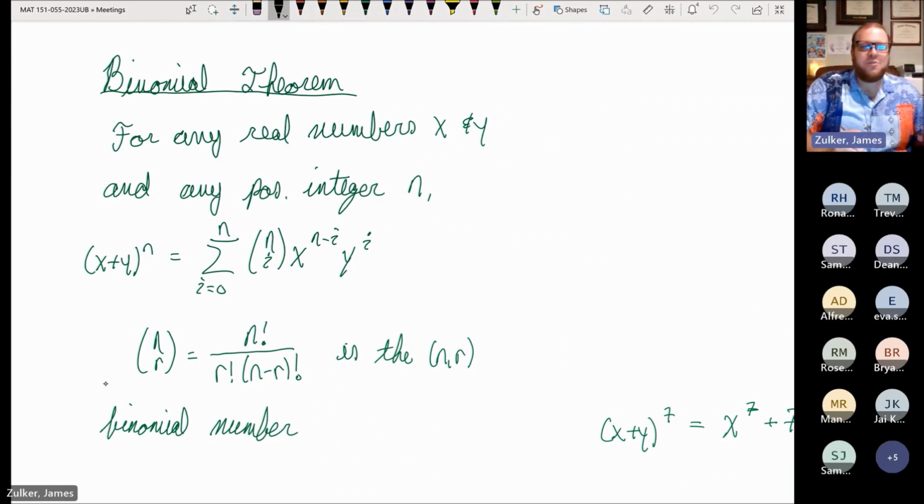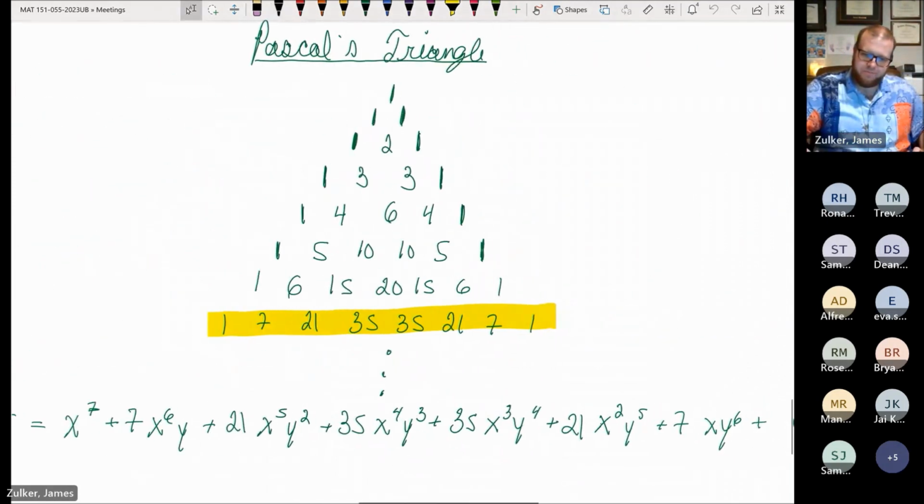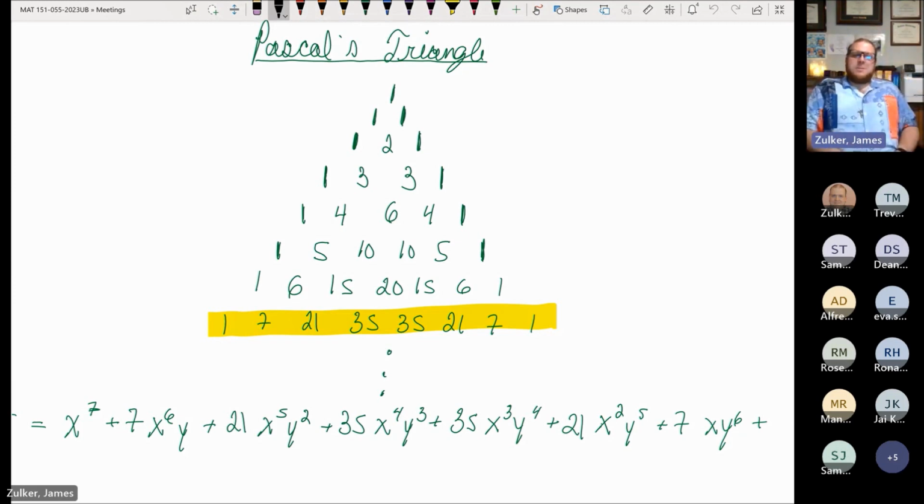There's a much easier way of finding them, using Pascal's triangle. To form Pascal's triangle, you put ones on the outside diagonals.